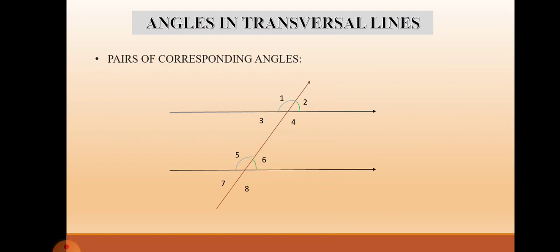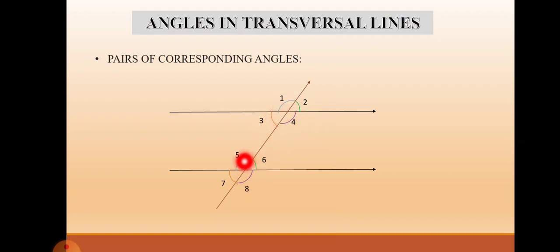That is corresponding. 1 and 5 is one pair, 2 and 6 is one pair. For 3 and 7, 3 is below the parallel line and 7 is also below, both on the left side. 4 and 8 is one pair: 4 is below the parallel line and on the right side, and 8 is also below and on the right side.